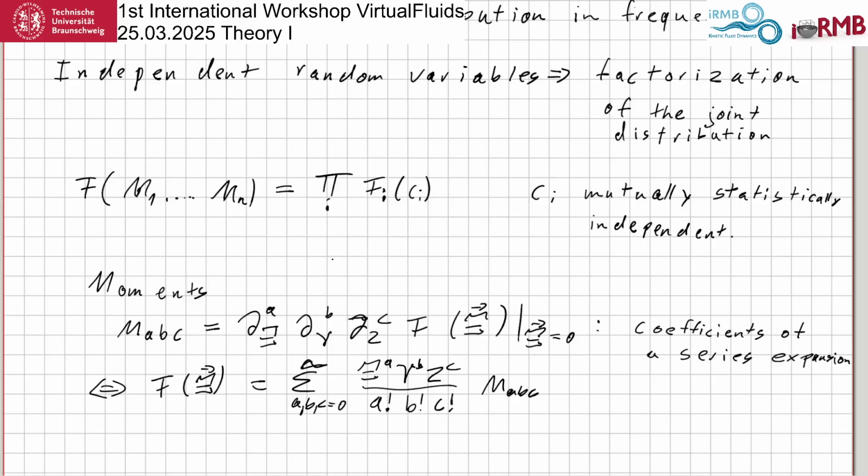Yeah, this is just the Taylor expansion. So these are the coefficients of the Taylor expansion, and then you put them in the Taylor expansion, and then you get back the function. Always assuming that you can expand these things in a Taylor series, of course. Which you can do, by the way.